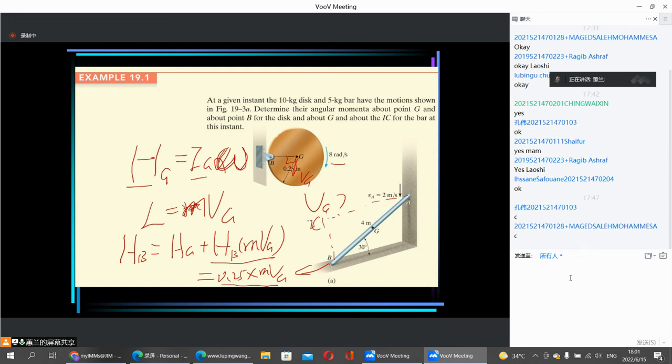After you determine the IC, you can find the velocity of any point, because the velocity of any point should be perpendicular to the distance to the IC. After you find VG, you can calculate the linear momentum and the angular momentum. Okay, so that is just a brief introduction to linear momentum and angular momentum.